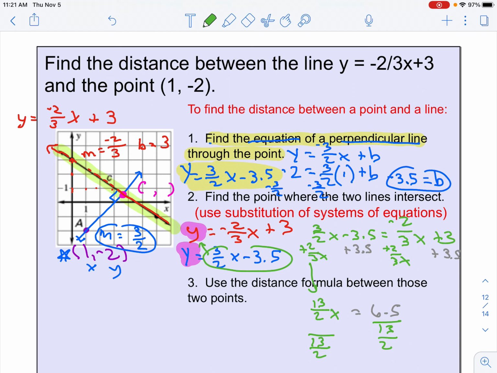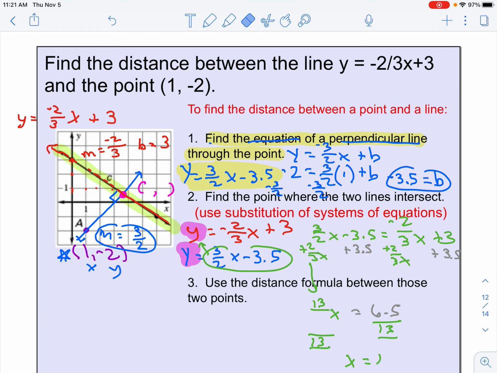And so 6.5 divided by 3/2, or 13/2, gives us 1. So my x value of this ordered pair is 1, which does not make sense for this problem. So maybe I was right that this was 13/6. The algebra gets kind of messy here.